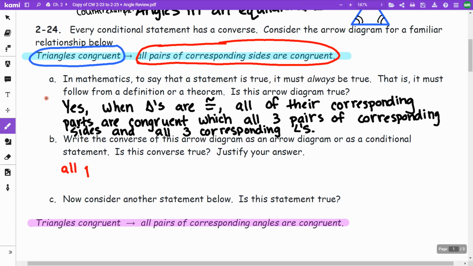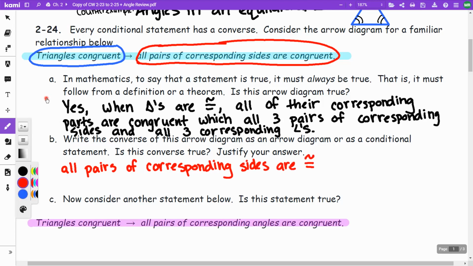So if all pairs of corresponding sides are congruent, does that lead to the triangles being congruent?